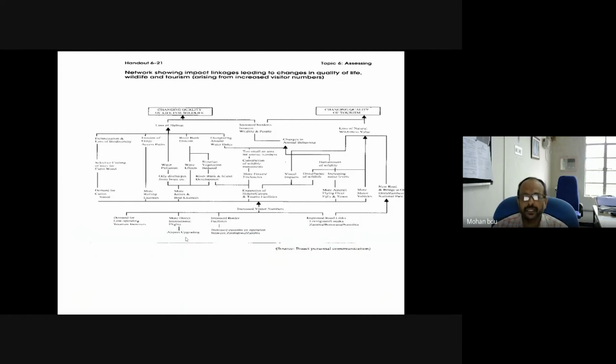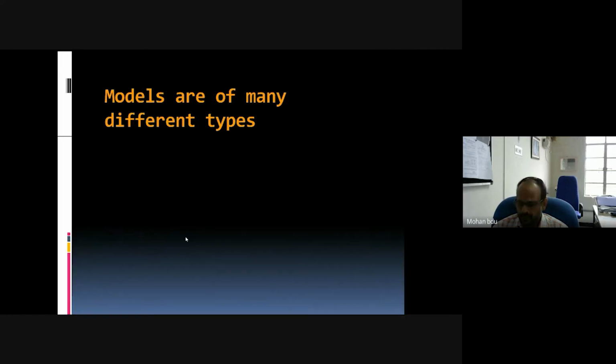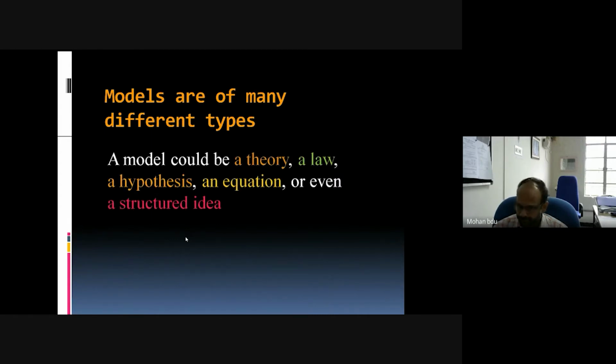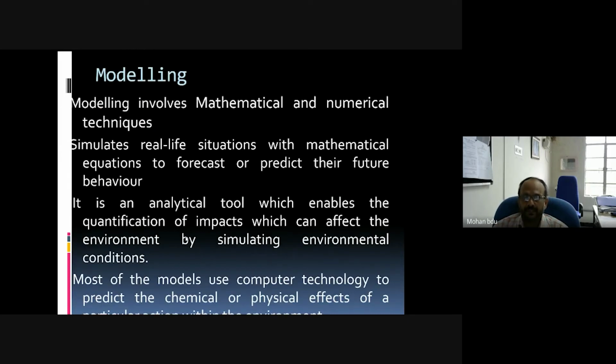And also, there is another method to assess or predict the impacts of the development project on the environment, that is modeling. A model is something which mimics the real world, or a model could be a theory, a law, hypothesis, or an equation, or even a structured idea. Modeling involves basically mathematical and numerical techniques.